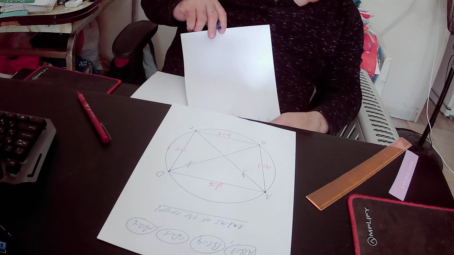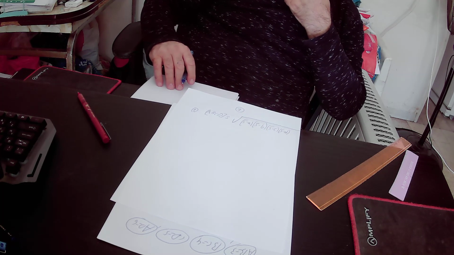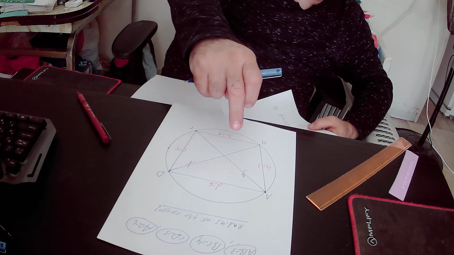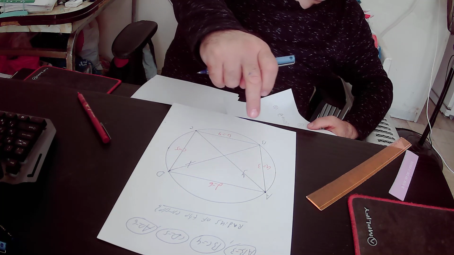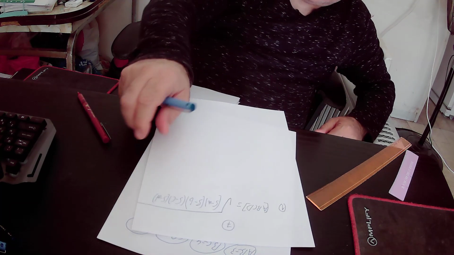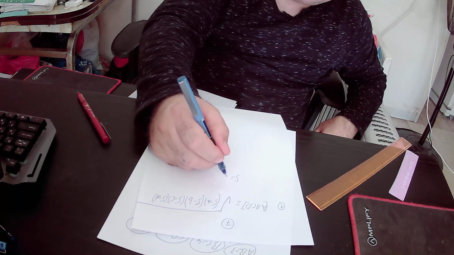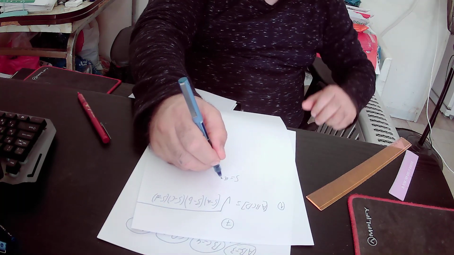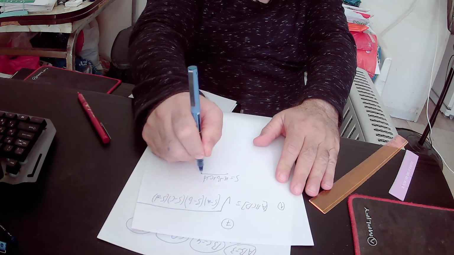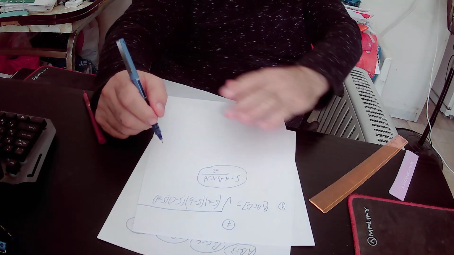That is the area of our quadrilateral ABCD when a, b, c, and d are the lengths of these quadrilateral sides, and s equals the sum of its sides, that is to say a plus b plus c plus d over 2. Okay, that is the implementation of rule number 1 in our drawing.